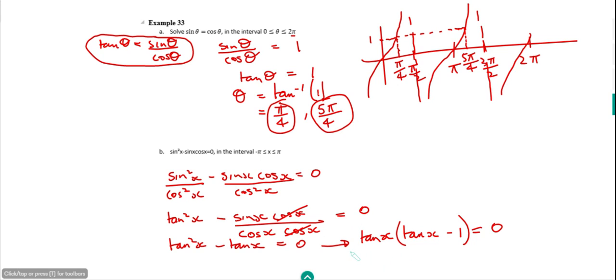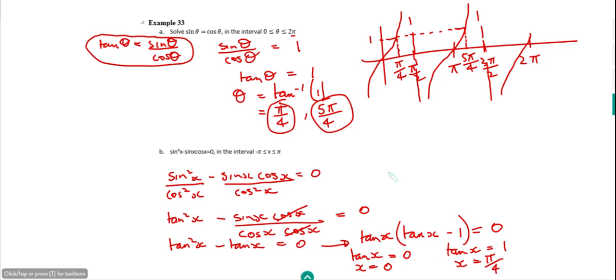The first one being that tan x equals 0, and the second one from the bracket being that tan x must equal 1. And if we solve them, doing tan minus 1 of 0 from this one, the calculator will give us 0. And for this one, tan minus 1 of 1 will give us pi by 4.